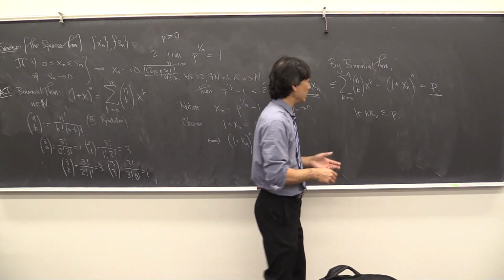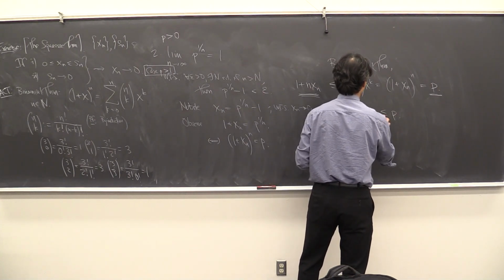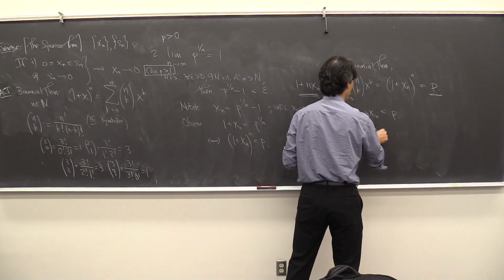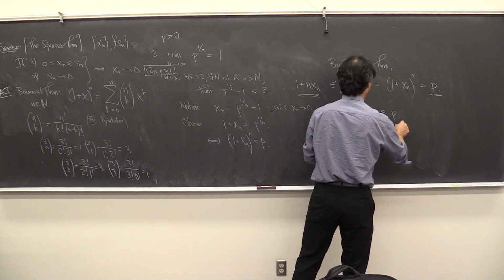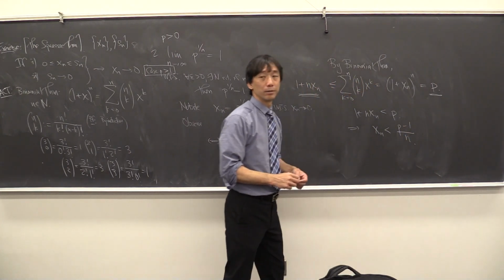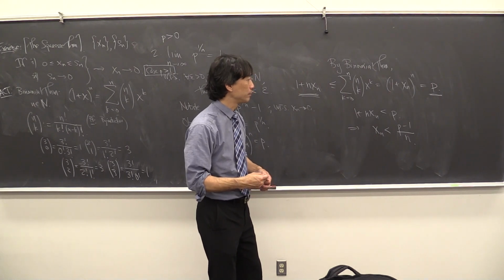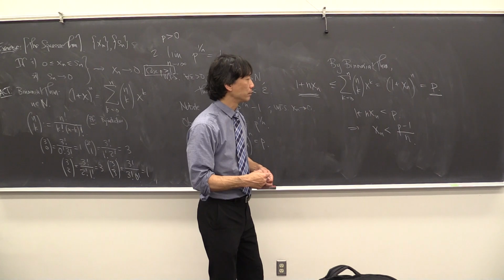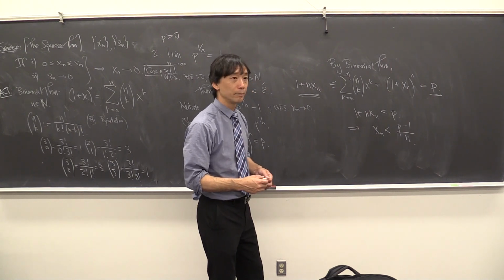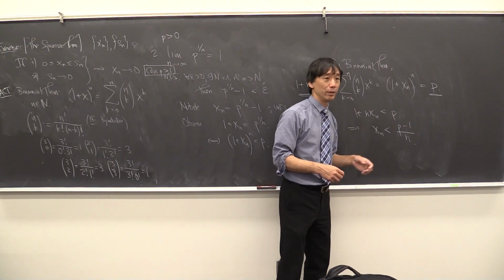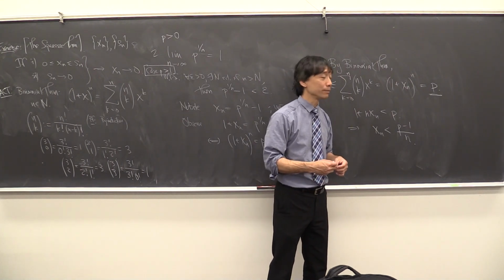It's actually strictly less than p, but it doesn't matter. So what does that tell you? That tells you that x sub n is controlled by p minus 1 over n. Just subtract 1 from both sides and divide through by n.